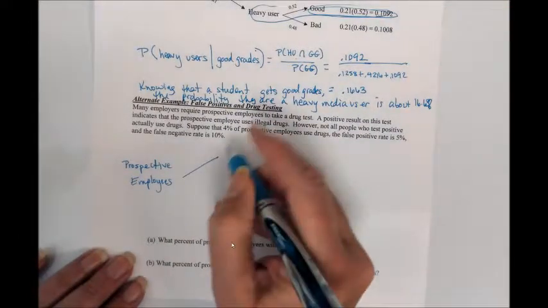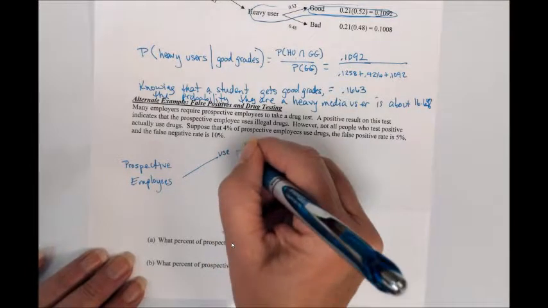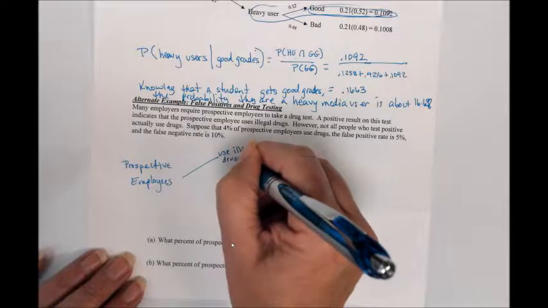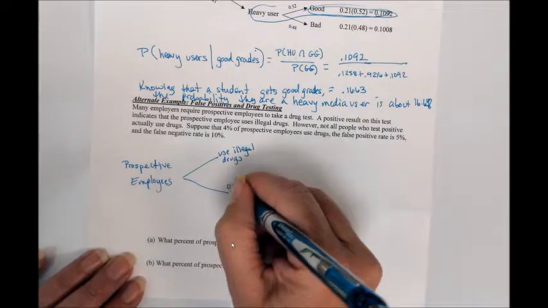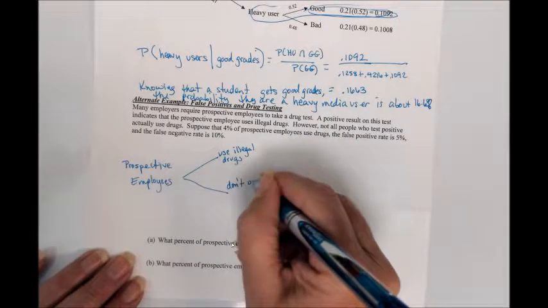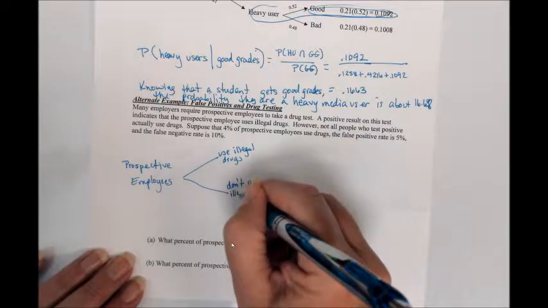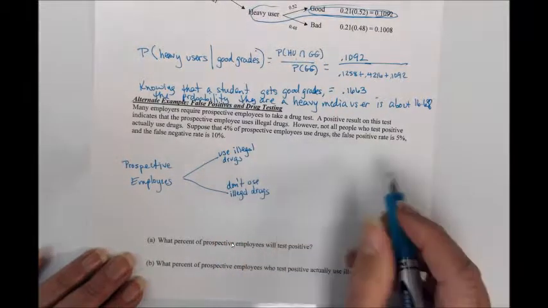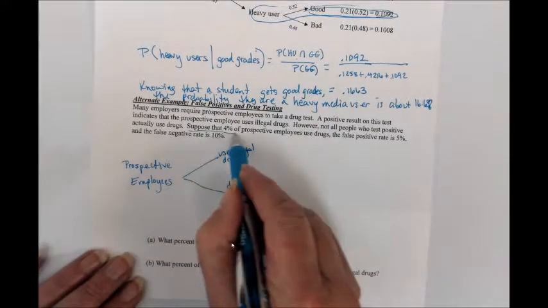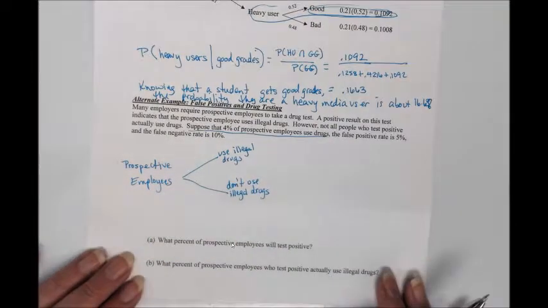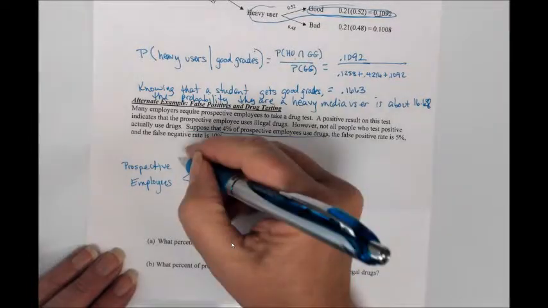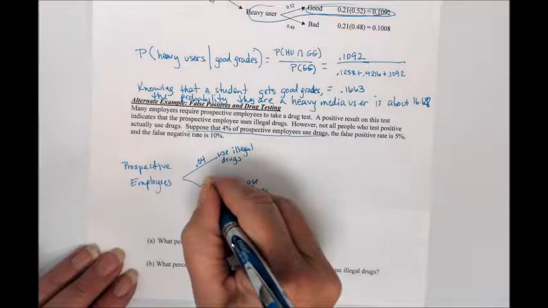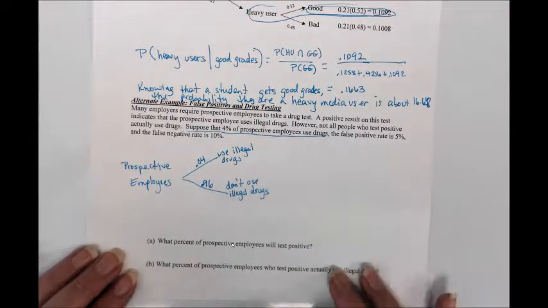They either use illegal drugs or they don't. It tells me that suppose 4% of the employees use drugs. So if 4% use drugs, that means 96% don't.